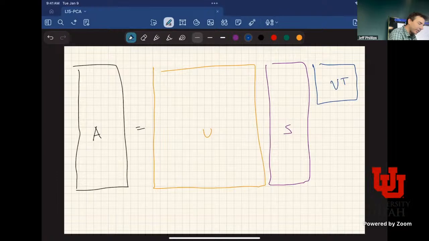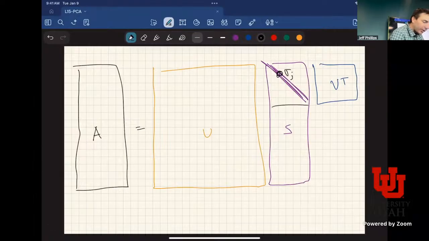If we remember, these guys were only interesting along here, and that this would be sigma j. These are the singular values.